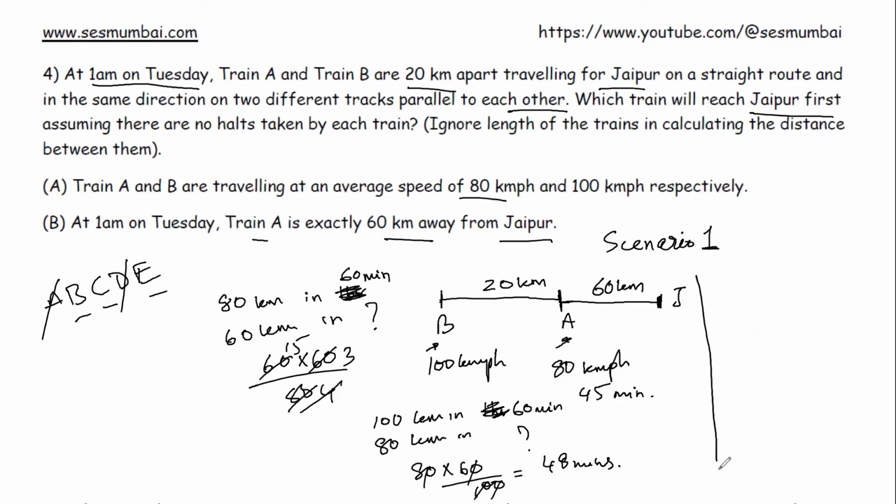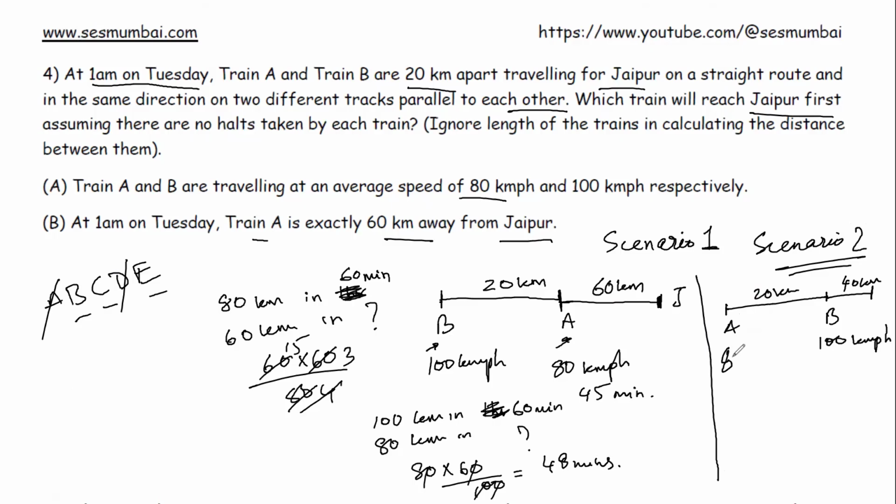Now scenario 2. Okay. Scenario 2, A is here, 20 kilometers. B is here. And if you look at the second statement, it says 60 kilometers away from Jaipur. So this is 40 kilometers out here. Speed of B is 100 kilometers per hour.